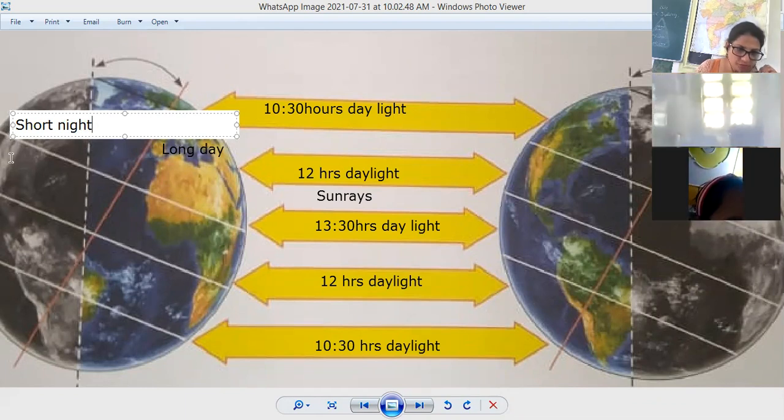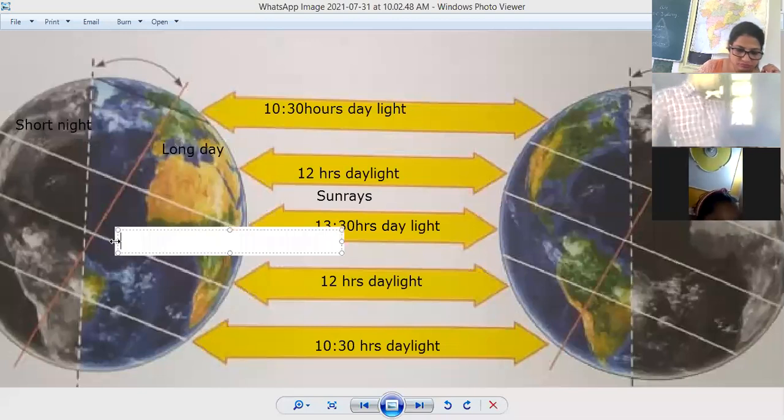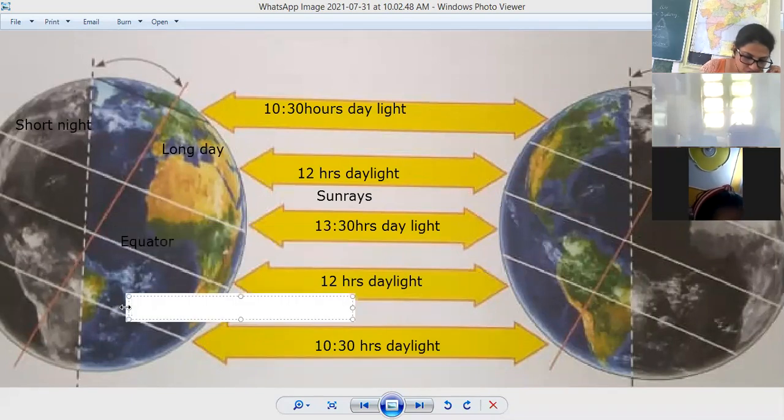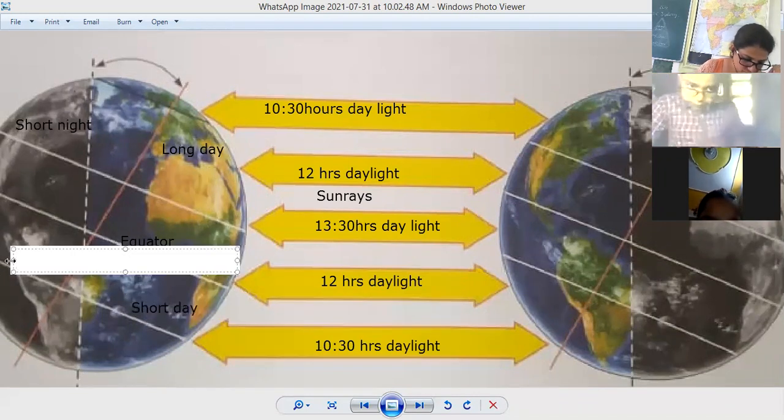Okay. Now opposite. Here long night and short day. Write down here equator. Equator. And now here write down short day. Okay, and here you write down long night.